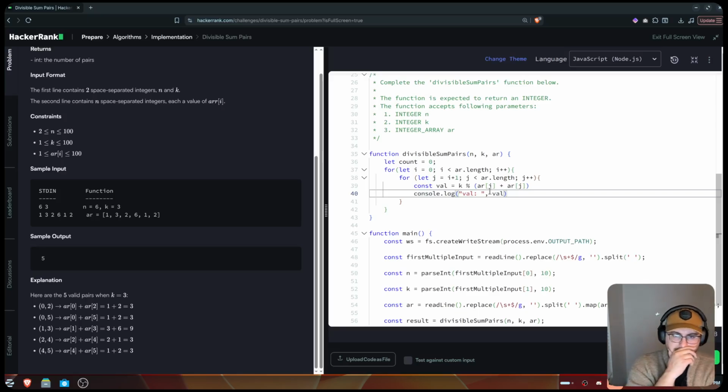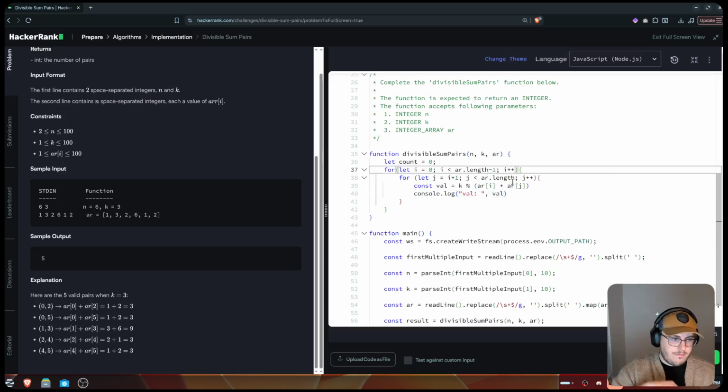And there's going to be bounds. So what if I is on array dot length minus 1? This one we probably need to stop 1 before we get to the end, and then that way we're not going too far with j.